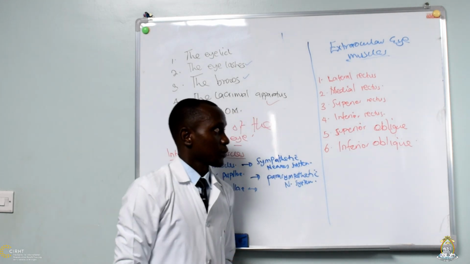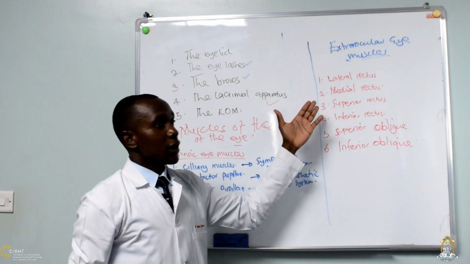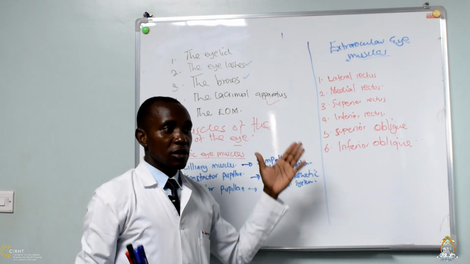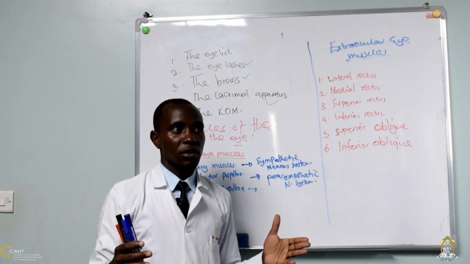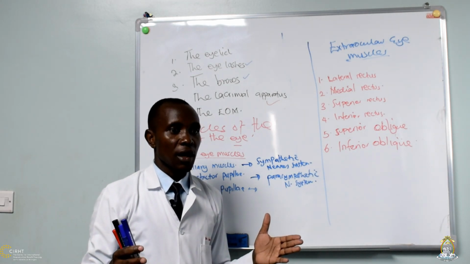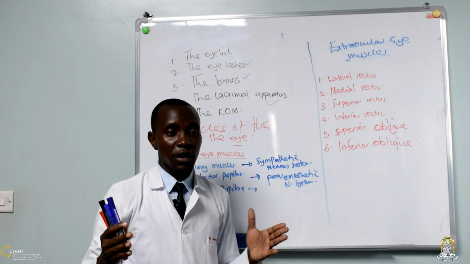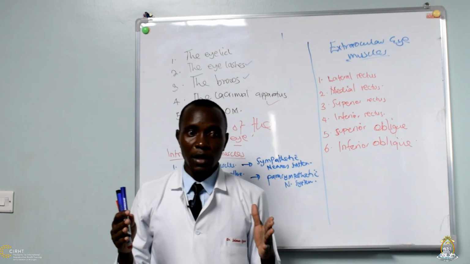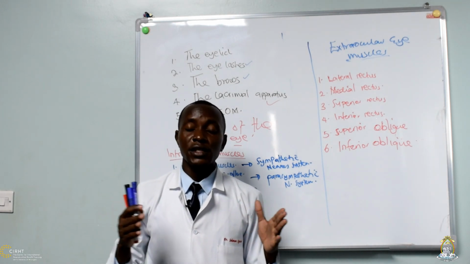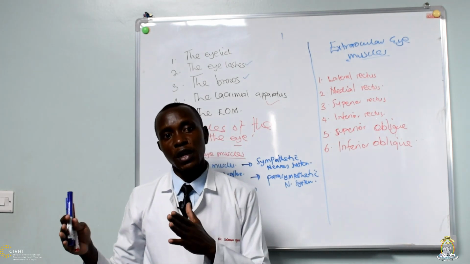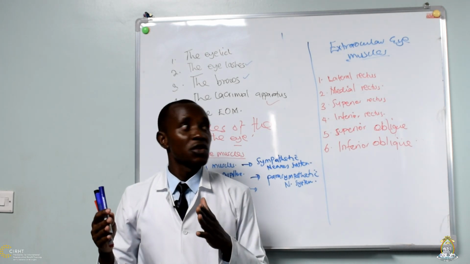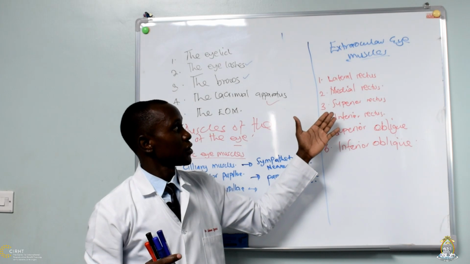Okay, so the extraocular eye muscle, its function is to maintain the eyeball in position, and also helps the eye to move. Also, in the process of gaze, there should be conjugate eye movement. When one eye is moving, the other one must follow. And that regulation is maintained by the extraocular eye muscles, okay?